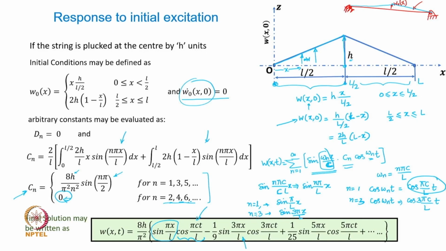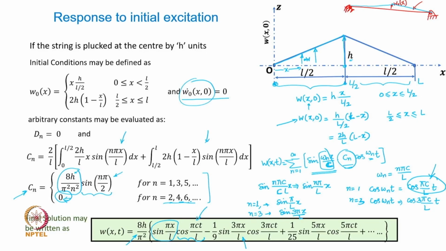But at the same time, you should notice that Cn is not only going to have this particular term, but it is also going to be multiplied by this term, out of which 8h by pi square is common in all terms. So if I take it outside, this is a common multiplying term, and internally it is going to be all these terms. Now here you should look at what this sine n pi by 2 will be.